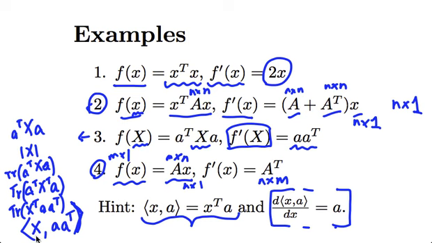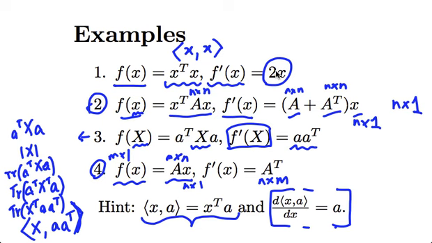And once you've written it like this, you can apply this rule to see that when I'm differentiating a dot product with one of those variables, I get back what's on the other half of the bracket, right? And that happened over here too, actually. Over here too, I was looking at the dot product between x and x. That's exactly x transpose x, and the derivative is 2x, right?